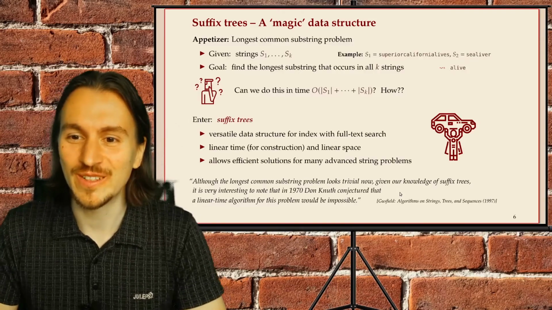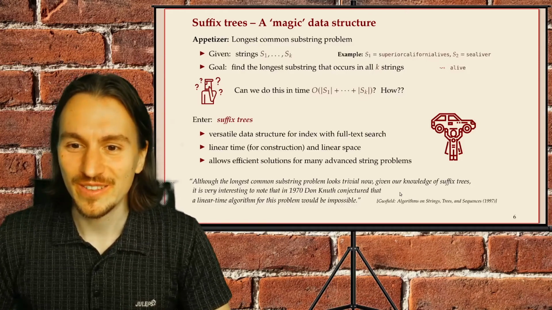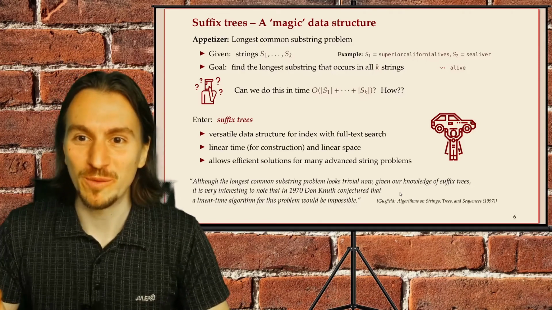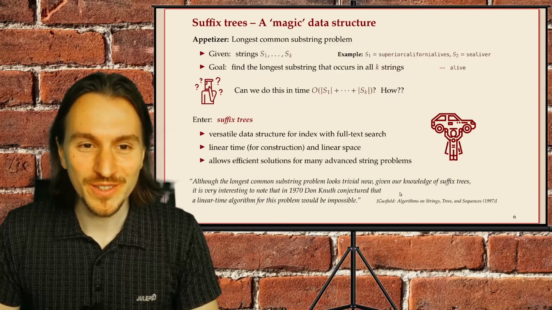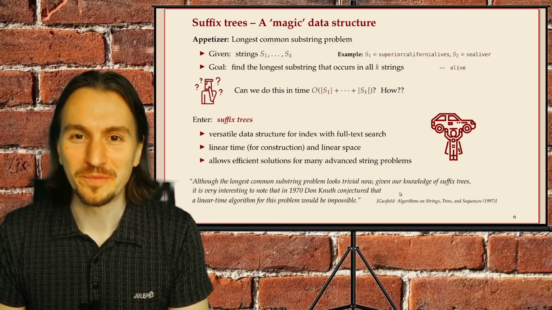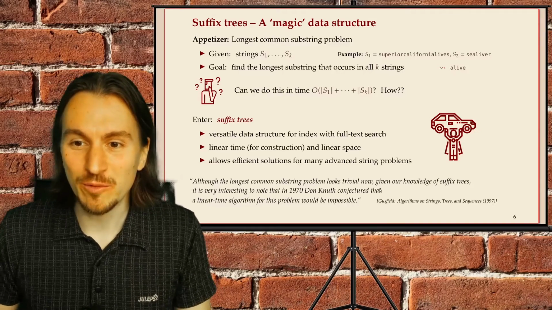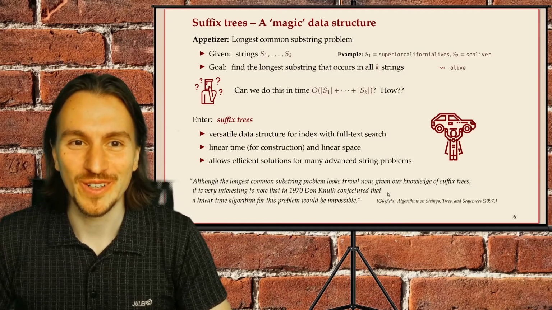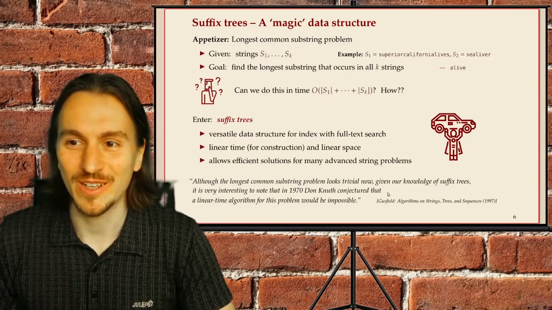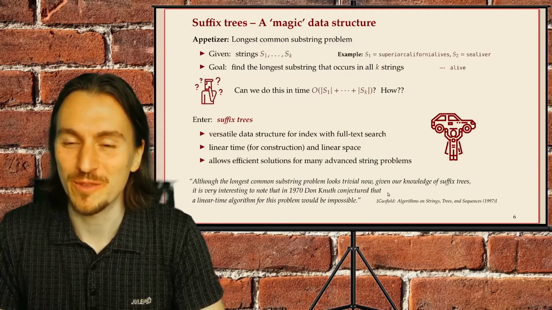So in 1970, he conjectured that a linear time algorithm for this problem, longest common substring, would not be possible. He didn't see a way, and he thought there is no way. And yet he was proven wrong. Now this happens occasionally. Even very clever people sometimes don't see a clever solution, and then someone else comes up with it.